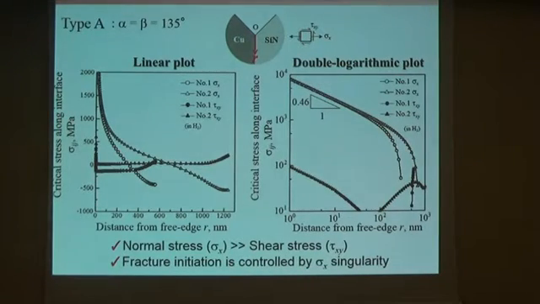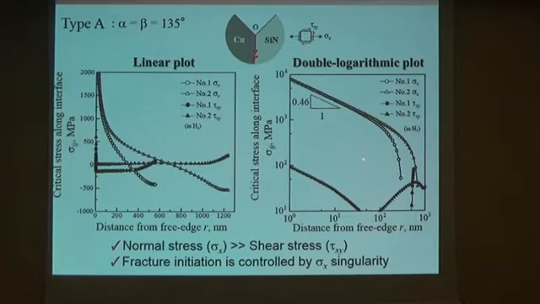So this is the result of stress along the interface. Here again, the abscissa is the distance from the free edge, and the ordinate is the critical stress along the interface. The left one is the linear plot, and the right one is a double logarithmic plot.